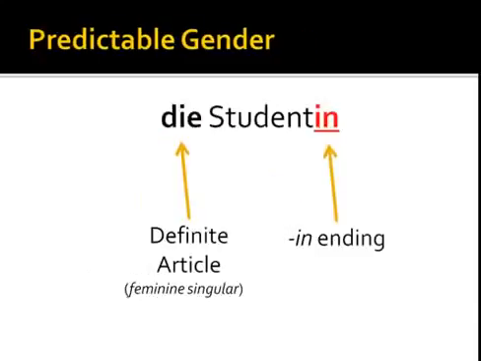However, there are a few tricks that we can employ. If we have a noun that ends in IN, that will automatically change the noun to a feminine. So der Student, the student, which would be a masculine singular, if we add an IN ending onto it, it will change it to a feminine singular, die Studentin.